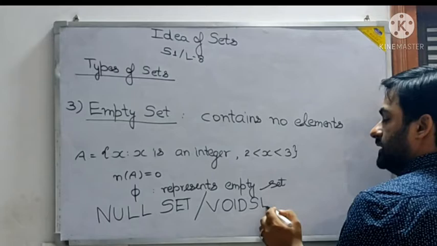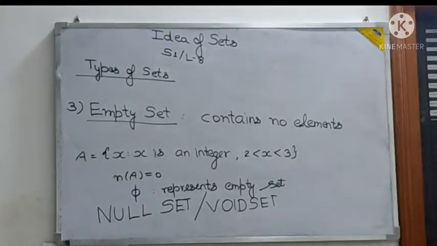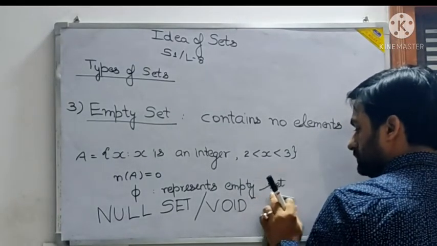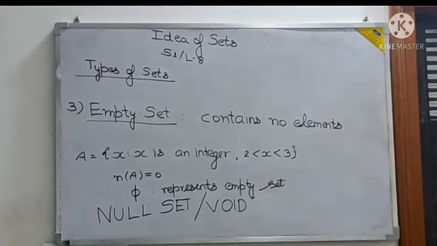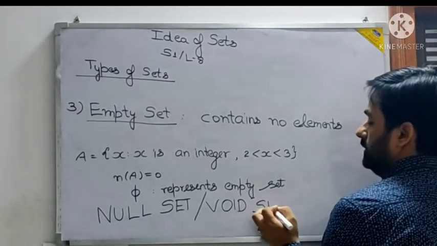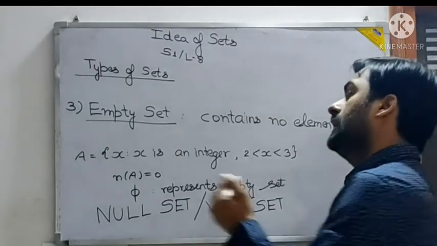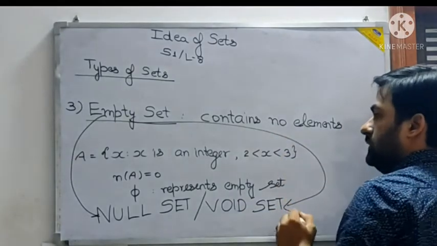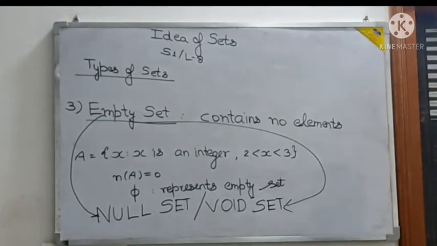So null set, void set and empty set are different names for the same thing. Clear? So the empty set is also called a null set or void set.